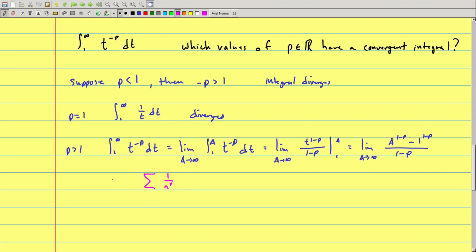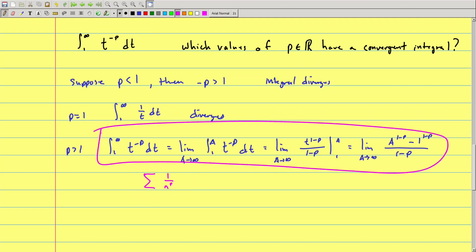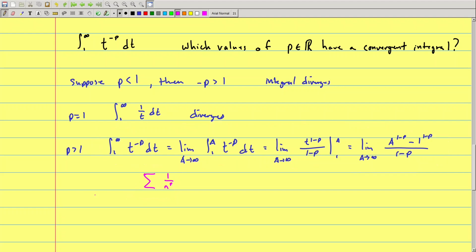And in fact, the integral that we have just computed here is the proof that this converges, right? The p series proof should have been done in your Calc 2 classes using the integral test, which is essentially what we've done here, right?